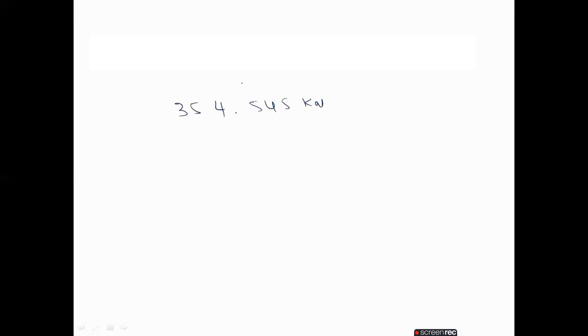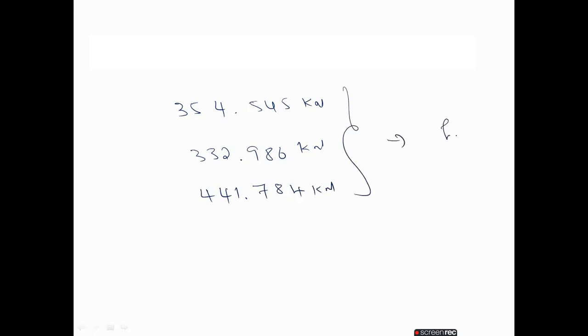The second condition we got answer 332.986 kilonewton. Okay, and third condition we got 441.784 kilonewtons. From these three we have to take the least one. So the least value is 332.986 kilonewton. Okay, this is the answer for this one.